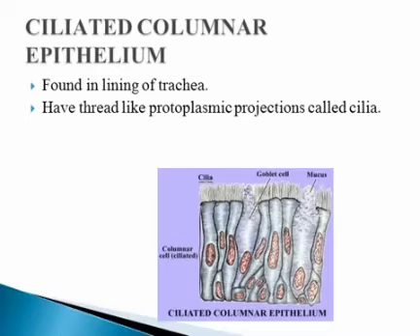What is the function of this epithelium? The cilia constantly keep lashing and move the materials which enter these regions. The unwanted materials are lashed out by the cilia. So this is about the ciliated columnar epithelium.